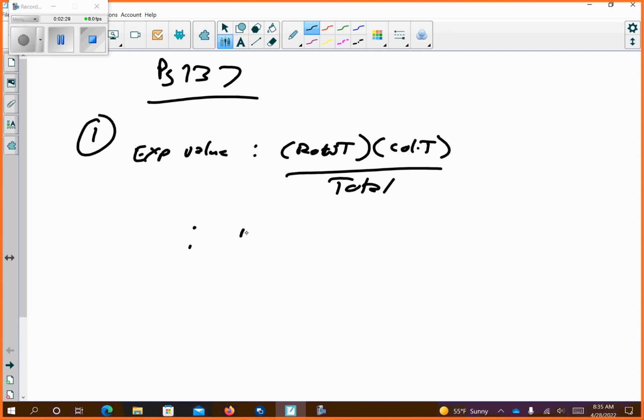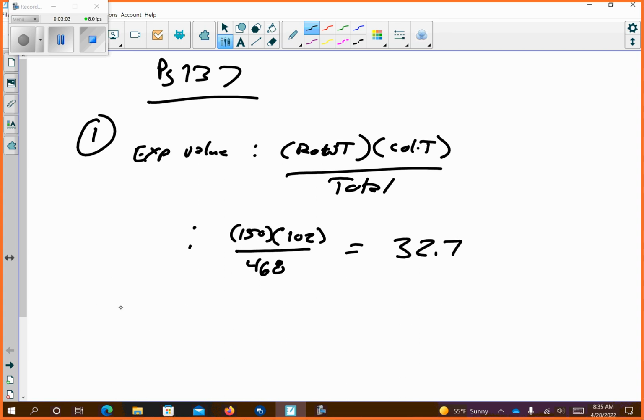So 150 times 102 divided by 468. So that should be about 32.7. So explain the meaning of this. If the restaurants have the same age demographics, we expect 32.69% of 0 to 18-year-olds to be at restaurant A. Which obviously they have 30.